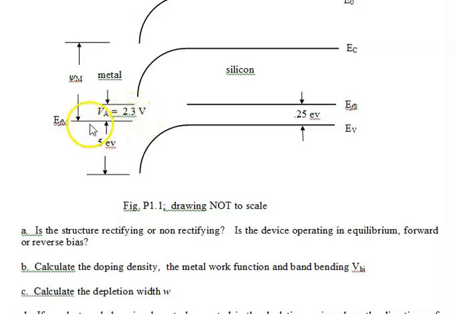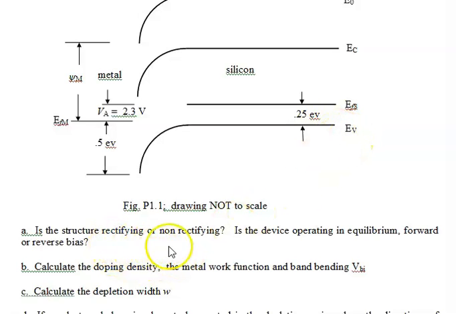We're given that the constant barrier, the VBP in this case, the constant barrier is 0.5 volts. We're going to be asked to find the band bending, the variable barrier, VBP, and we're given that the Fermi level is 0.25 eV above the valence band.